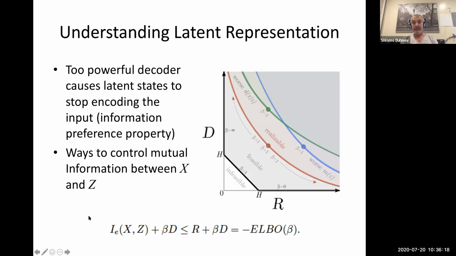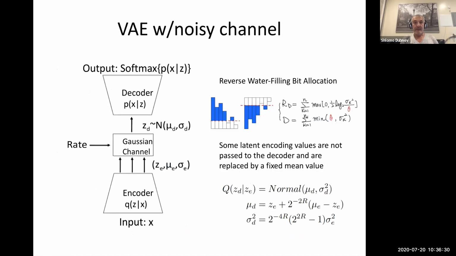It's not exactly defined as the ELBO now, it's a generalized ELBO where you rewrite these two aspects separately, and you can plug in just the weight factor. So the idea is that you can control the rate and distortion, let's say in the encoder decoder, by adding some kind of a noisy channel here. So without going through any of these equations and how it's derived, you can basically have a lower rate transmission of information even in the encoder decoder.